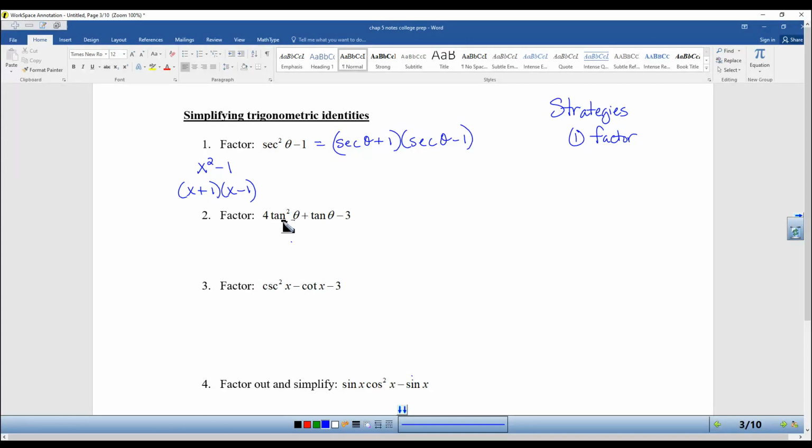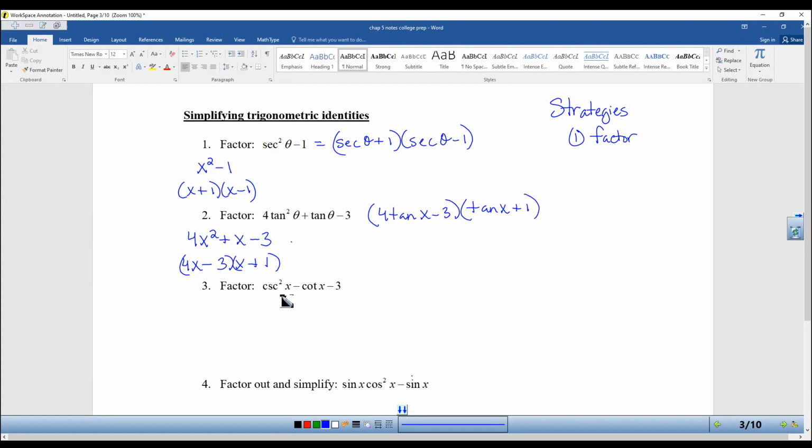Again, if you have 4 tangents squared and that tangent is just really throwing you, then change it to an x squared and x. And then just factor this. So this is 4x and 3. Let's see, I want the 4 to be positive and the 3 to be the negative. Yeah, that works. So if you can factor it with x's, then you can factor it with tangent. And that strategy works for a lot of students.